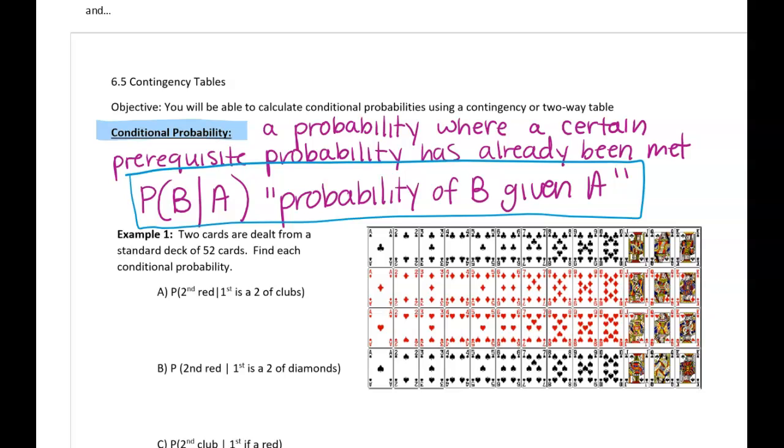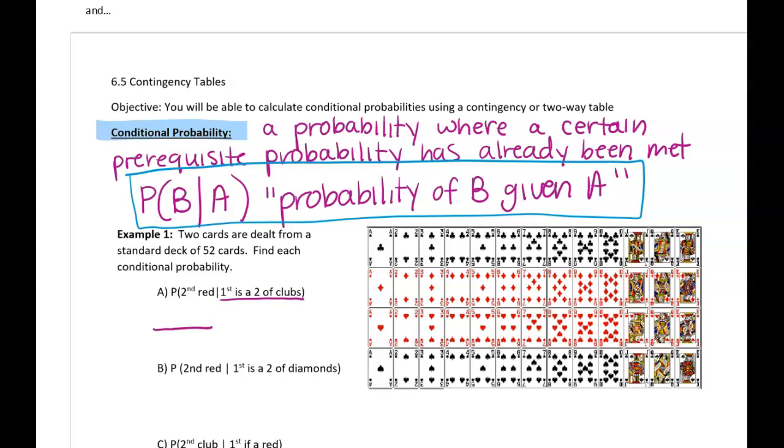So 2 cards are dealt from a standard deck of 52 cards. Find each conditional probability. So the probability that the second is red, given the first is a 2 of clubs. So I always underline the given part. So if the first one is a 2 of clubs, we're looking for the probability that the second is red.